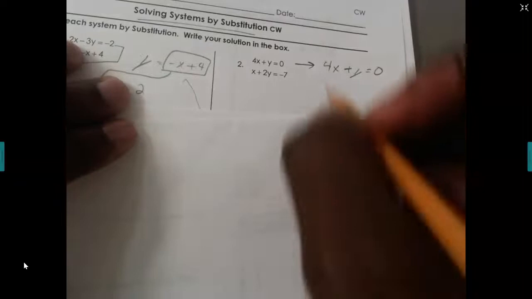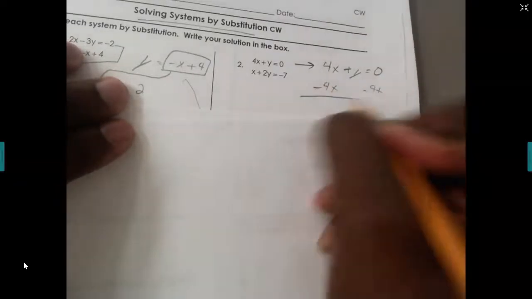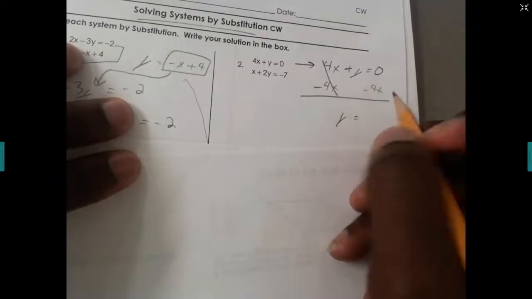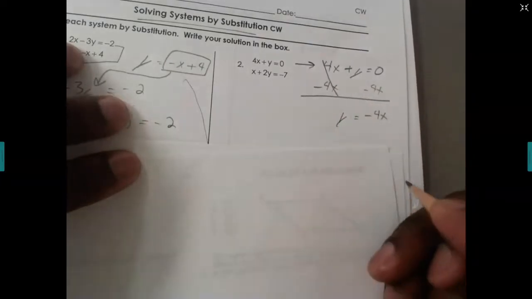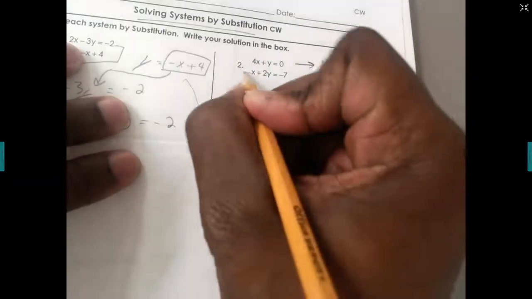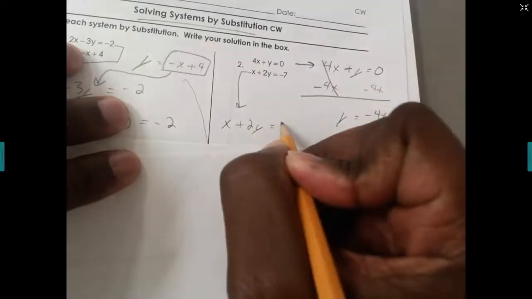To begin solving for y, I'll subtract 4x from both sides. So this cancels the 4x's, and I get y equals negative 4x. So now I've solved it for y. Then I can take the other equation, this one, which is x plus 2y equals negative 7.